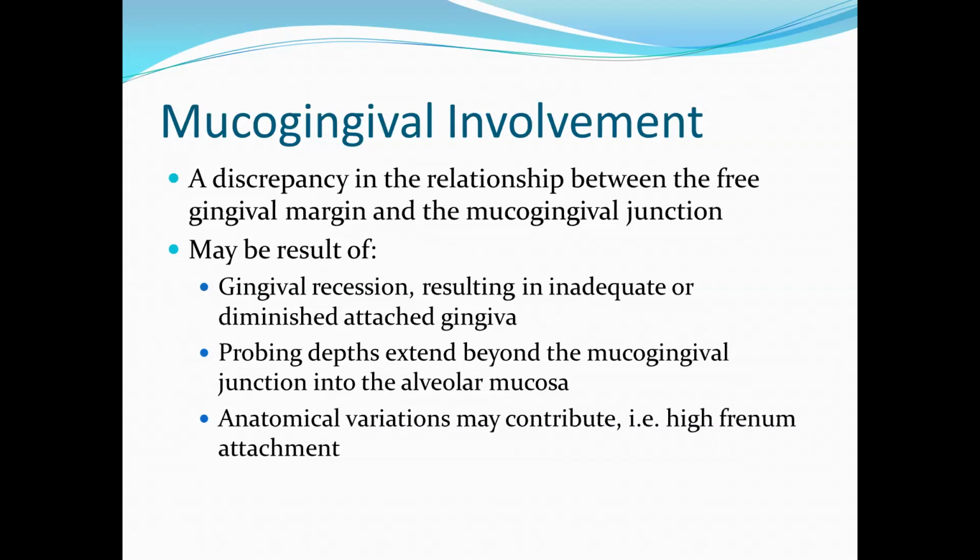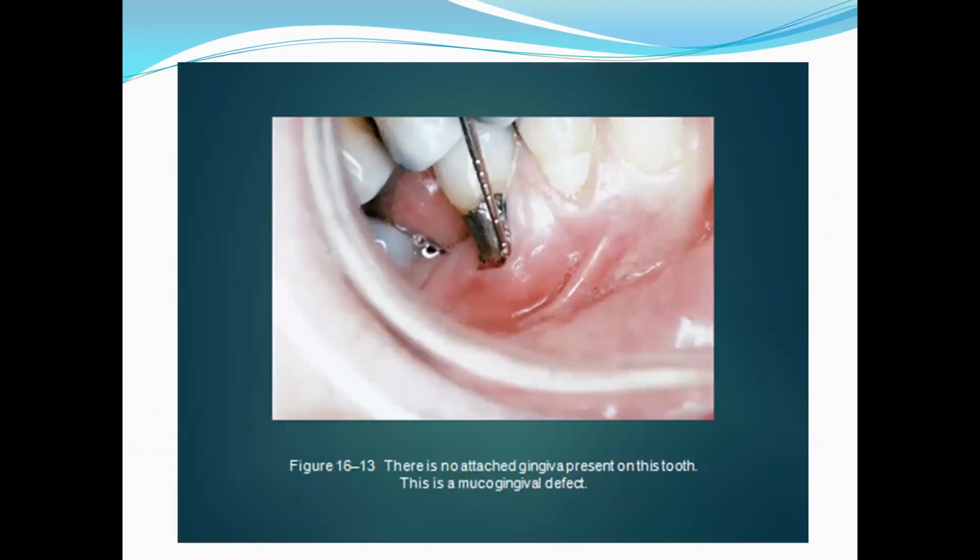Now, it can be caused from recession or due to recession, and sometimes the gingival margin is right where it's supposed to be, but they have a high frenum attachment or something. So when the probing depth extends beyond the mucogingival junction or is at the mucogingival junction, we call that a mucogingival involvement when there's 1 millimeter or less of attachment.